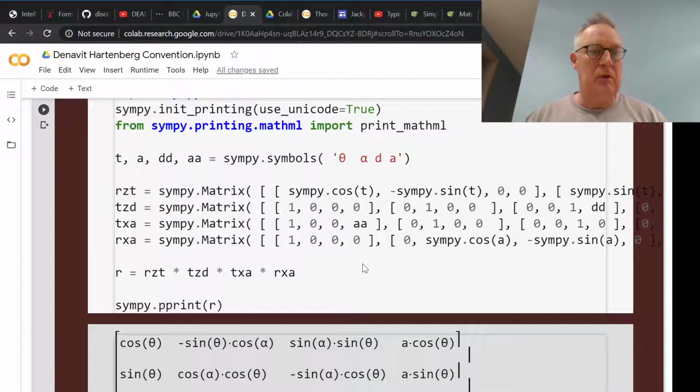If it's a revolute joint, we control theta. If it's a prismatic joint, we can change d. We can control d.